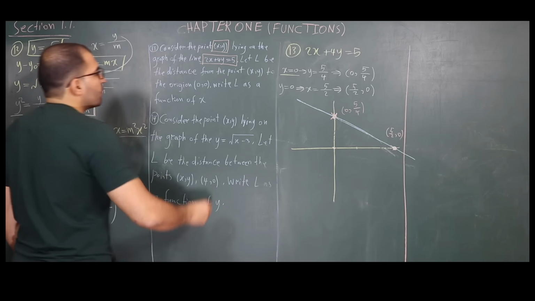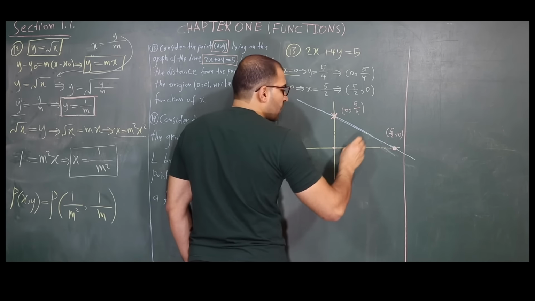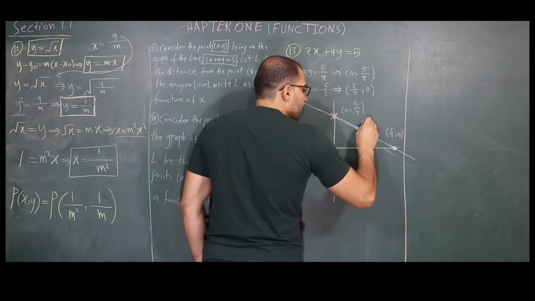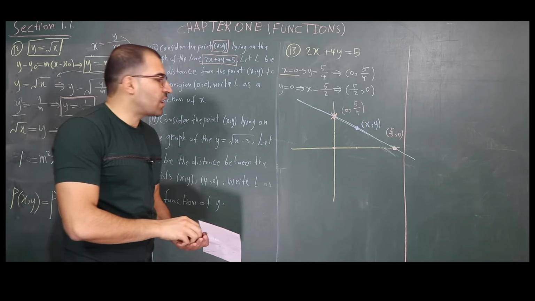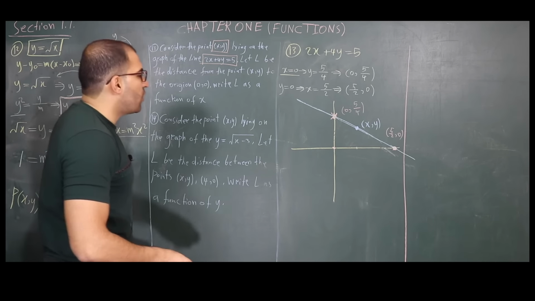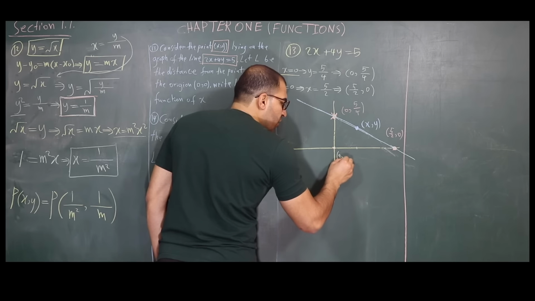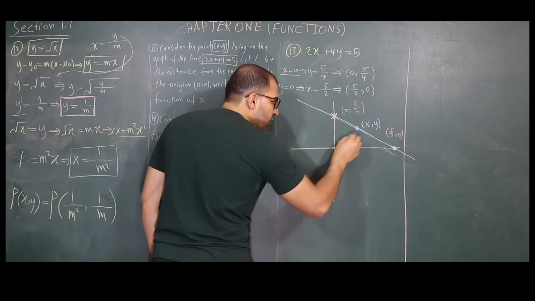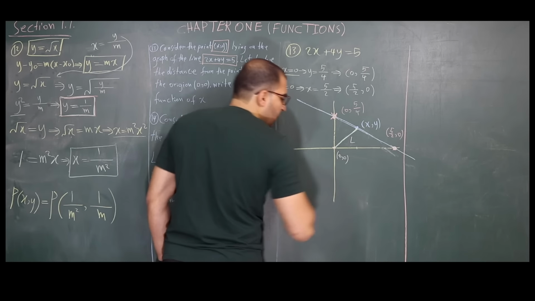Now we have just a point lying on the line. For example, let's say here, for simplicity, it doesn't affect our generality. So we assume that this line is here, and we assume that this is the origin.